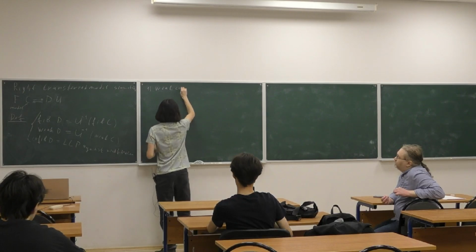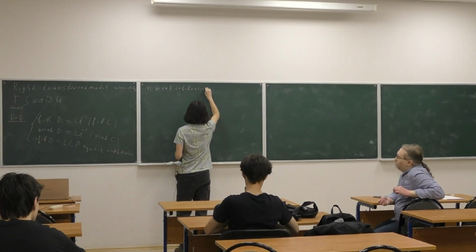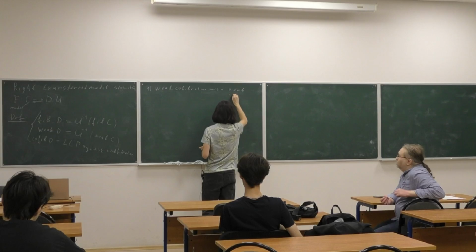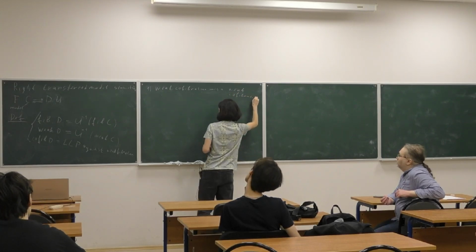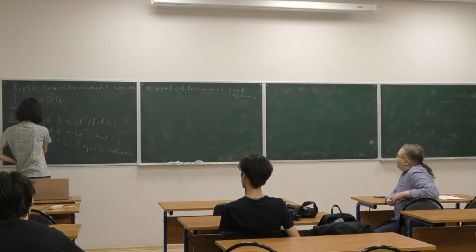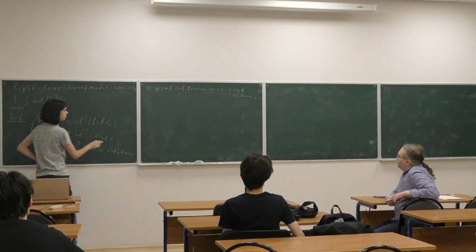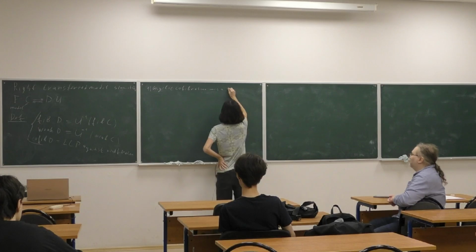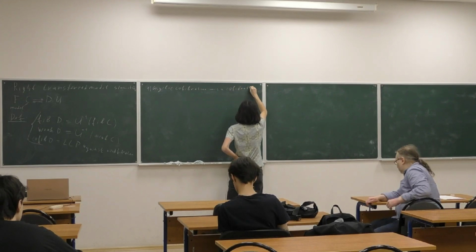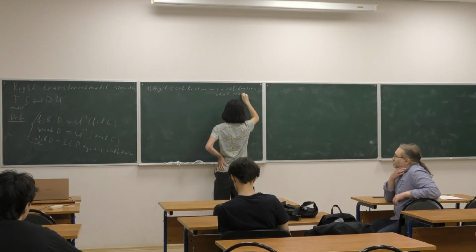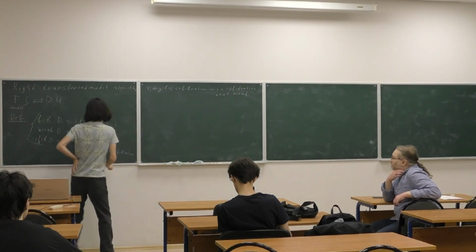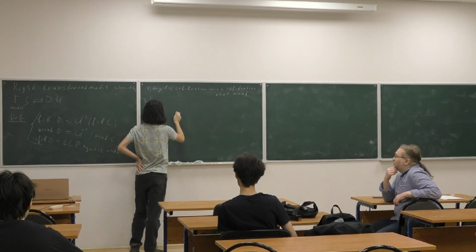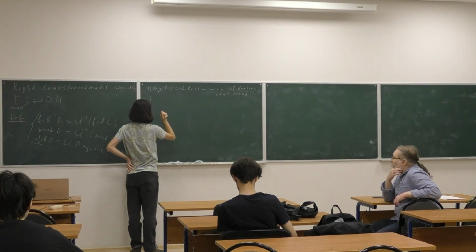The first one is a cofibration that is weak in this sense: it is a cofibration that is also a weak equivalence. And second, acyclic cofibration.